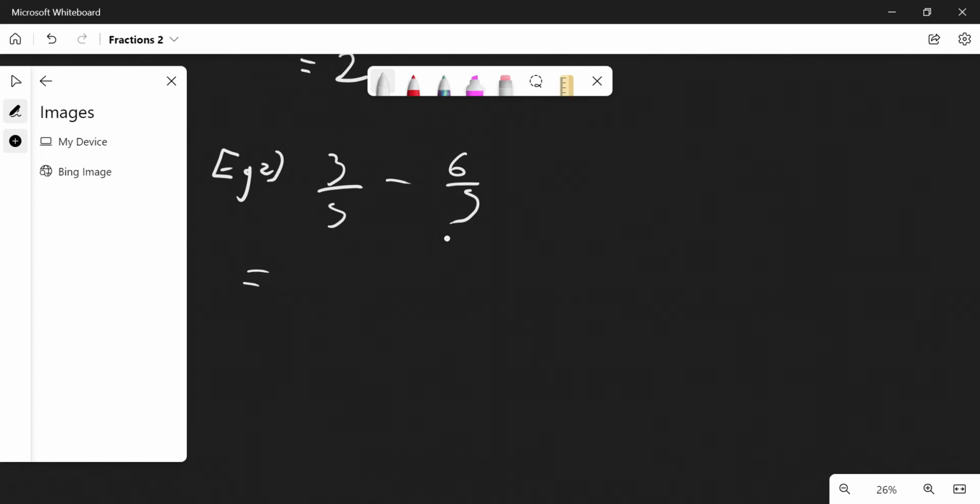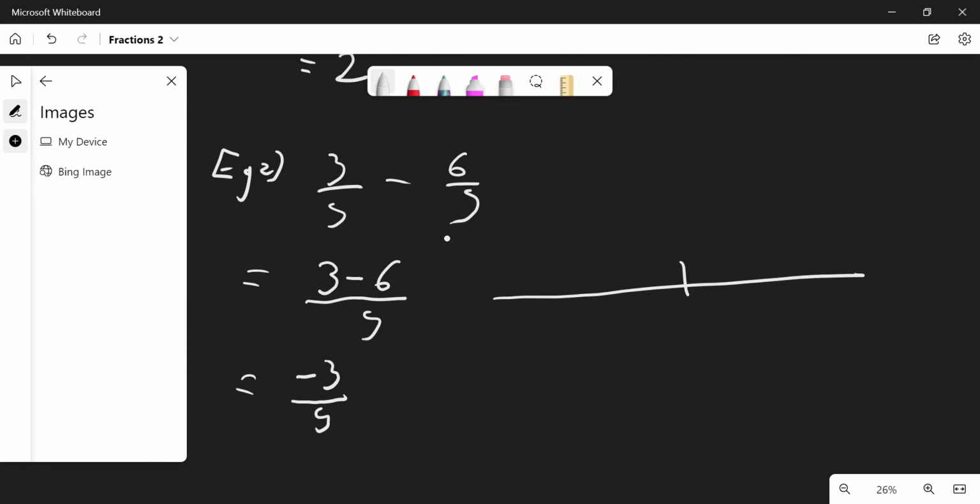So what we do is we're going to say 3 minus 6 over 5. And that's going to give us a negative answer where we have -3 over 5. So if this were on a number line, if that's 0, our fraction would be this side. We would have a -3 over 5.